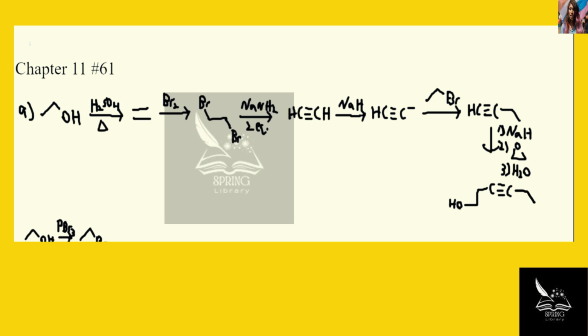That epoxide, that 2-carbon epoxide there, we could make from ethanol like this. There's our ethanol. Do an elimination with sulfuric acid and heat, and that's going to give us the alkene. Treat that alkene with bromine, but with some water in it, to get the addition of a bromine and an alcohol.